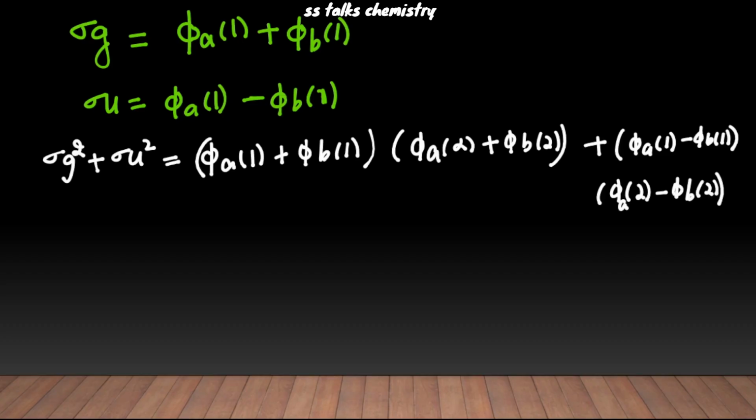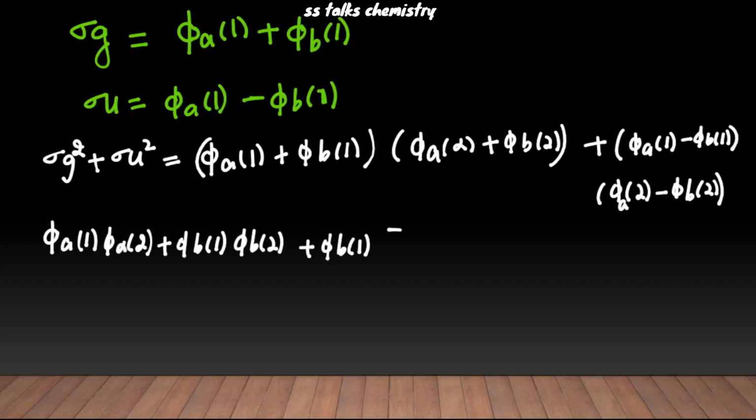Now just open this. It will become phi A1 into phi A2 plus phi A1 into phi B2 plus phi B1 into phi A2 plus phi B1 into phi B2, right? It is just the simple multiplication that we do.